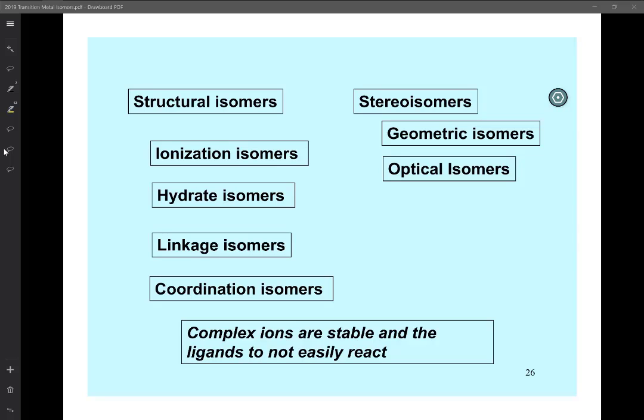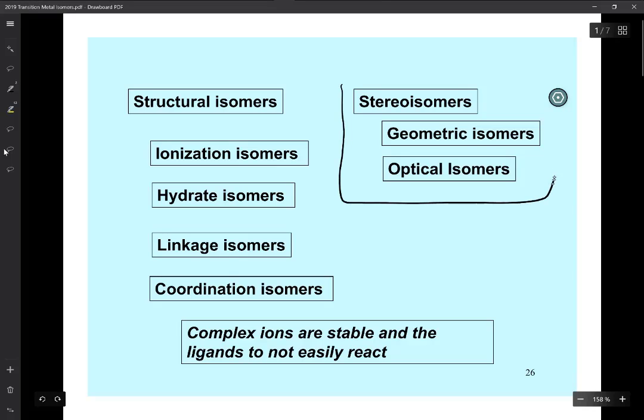We're going to finish up the little section on transition metal isomers and different types of isomers that you can have, and how you know the difference chemically between the different kinds of isomers. I will point out that this got covered in lecture, so I will not be covering it again.